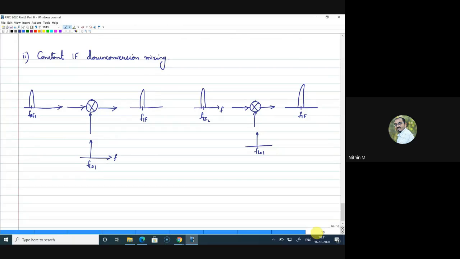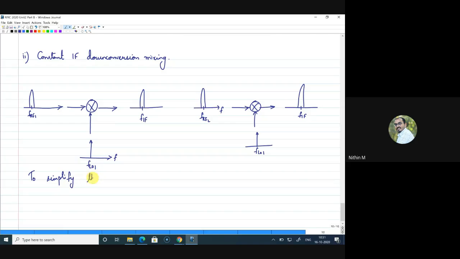So I can write one point here: to simplify the design. We are looking at the design part after the mixing, after the down conversion also, because if you are generating a different IF frequency for each RF channel, then that will definitely make the design complex for the rest of the baseband and even for the filter, right?